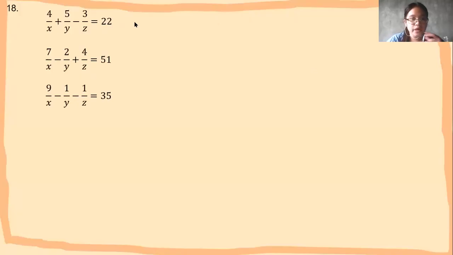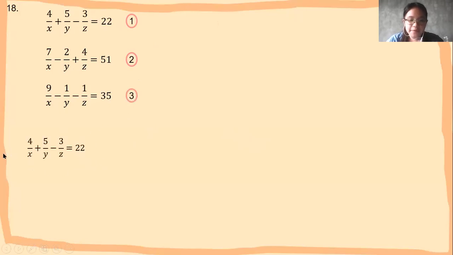So this will be our equation number 1. Then we have 7 over x minus 2 over y plus 4 over z is equal to 51, which will be our equation number 2. Then 9 over x minus 1 over y minus 1 over z is equal to 35, and this will be our equation number 3.